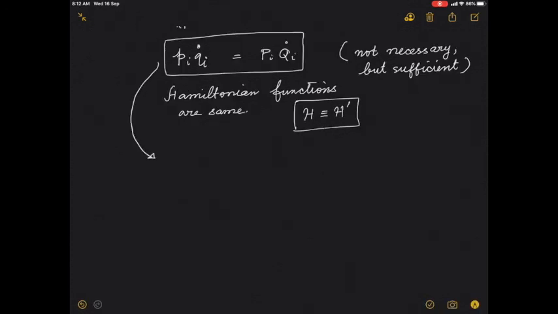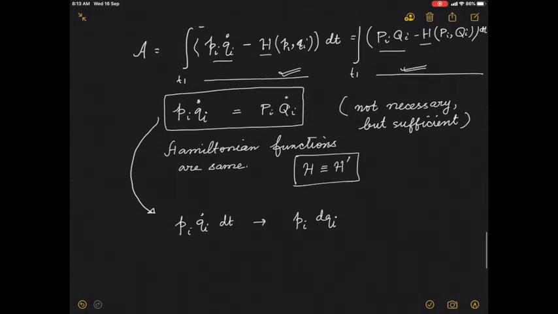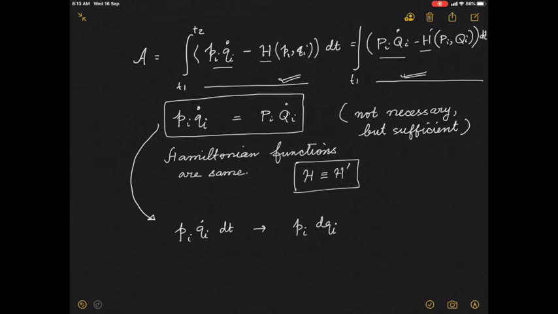But a more general case will be if I look at these. So let's say Pi Qi dot, and I have a dt over here. So this is essentially Pi dQi.